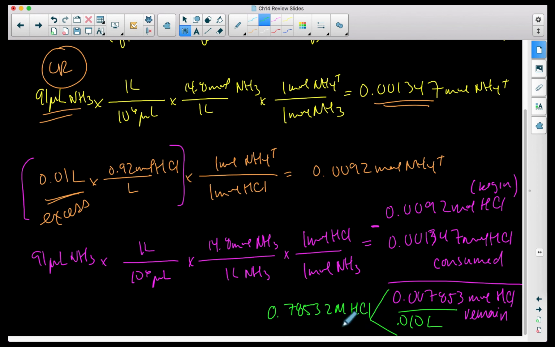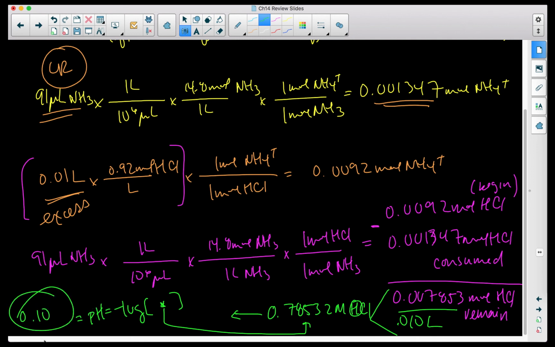Then we're going to take the negative log of this because this is also the concentration of H+, because it would dissociate. So we'd do the negative log of my answer, and that's going to give us our final pH, which is then equal to, yes, good. So literally the exact same concept as number 111 from your textbook.